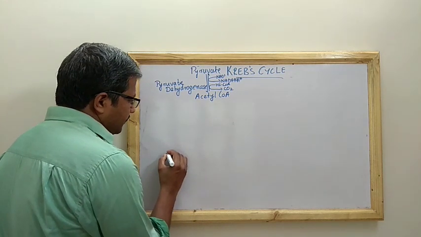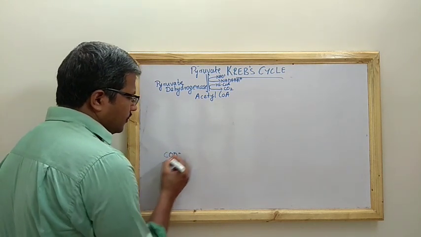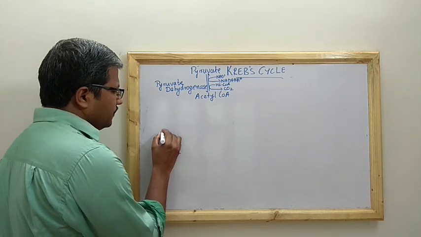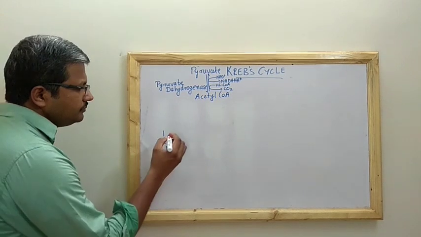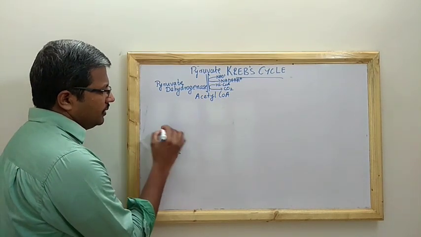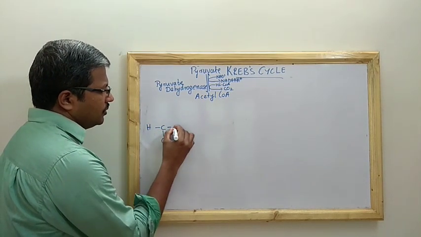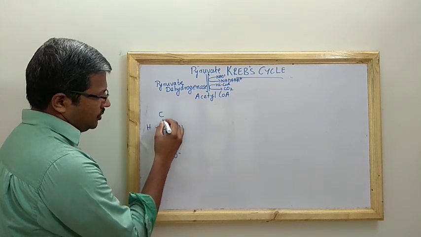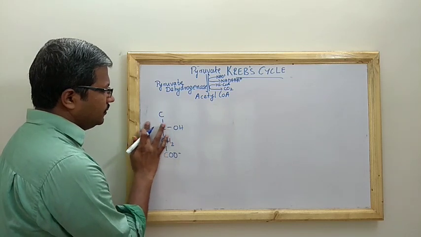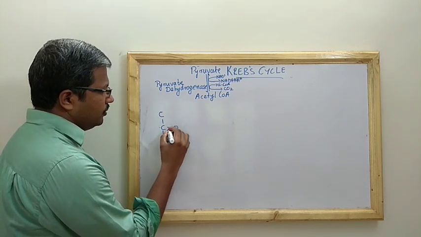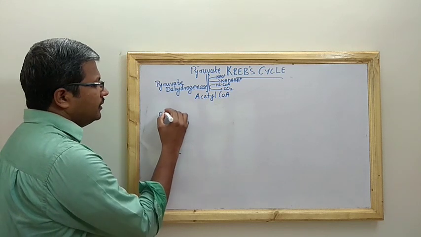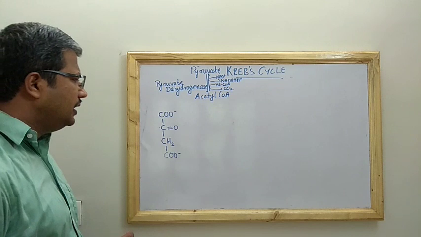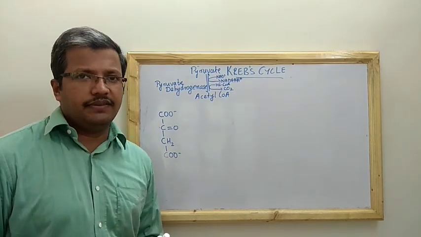It is nothing but COO minus, CH2, CHOH, C double bond O, and COO minus. So this is what the oxaloacetic acid is.